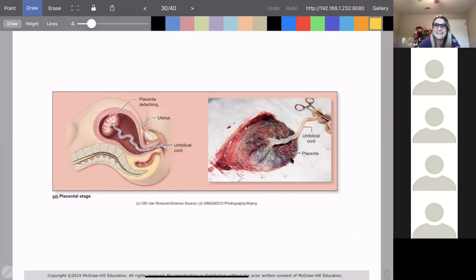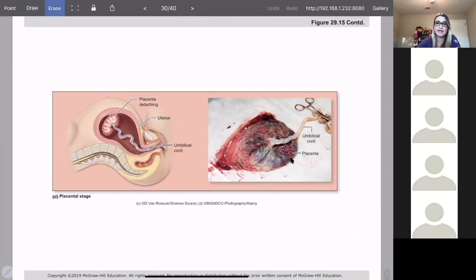So anyway, there are going to be prolactin and oxytocin spikes during nursing if the woman is nursing. The oxytocin spikes actually help the uterus contract and return to its normal size. So the uterus now has to return to normal size.